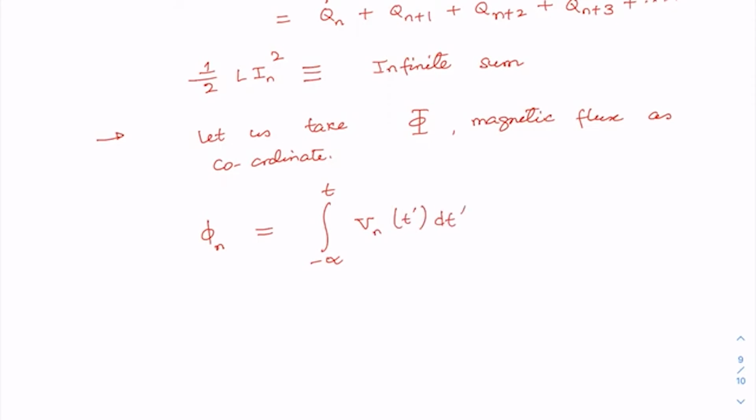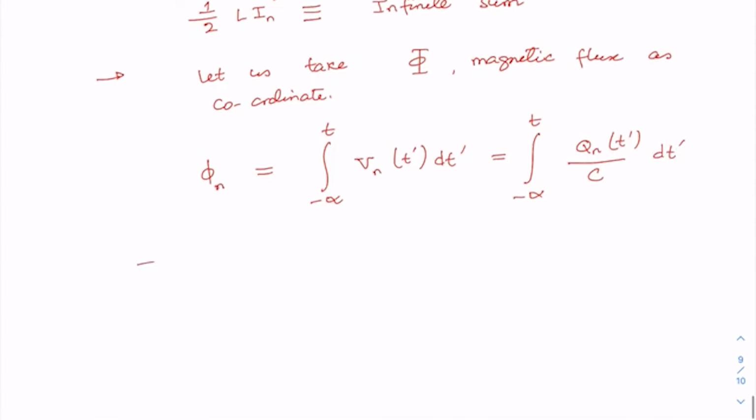This gives us the magnetic flux, and we know that the voltage at node n, I can write it as q, the charge at the node n, divided by the capacitance. So from here you can see that I can write the charge at the node n as simply capacitance times the time rate of change of the magnetic flux.